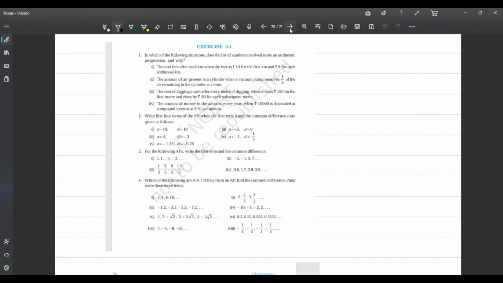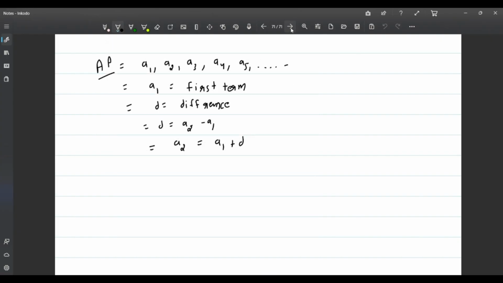The first one is the taxi fare after each kilometer when the fare is 15 rupees for the first kilometer and 8 rupees for each additional kilometer. So the first kilometer is charged 15 rupees, and the rest are charged 8 rupees added on.